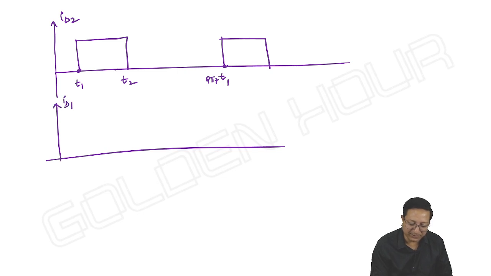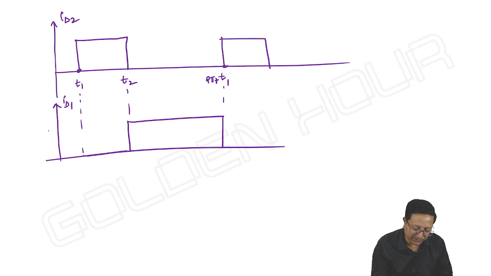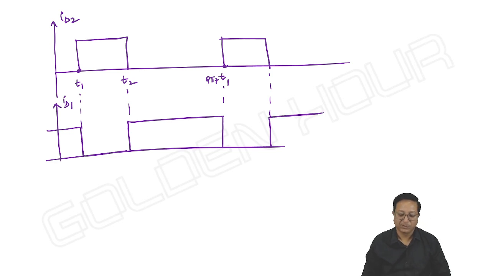When ID2 is existing, ID1 does not exist, and vice versa. Here ID1 is 0 and here it is existing like this. And even here also ID1 is present. Like this we can see it is 100 milliampere.